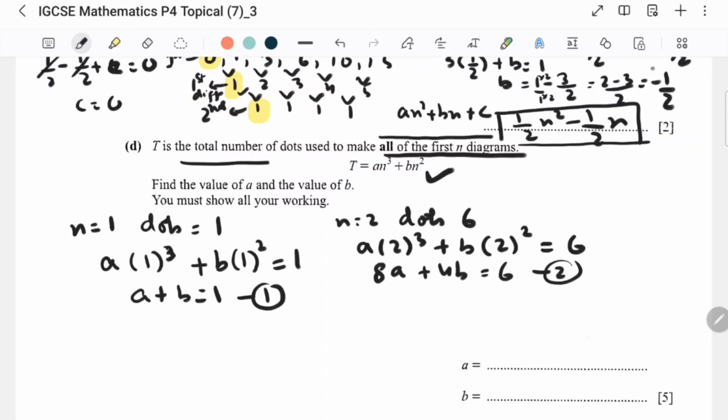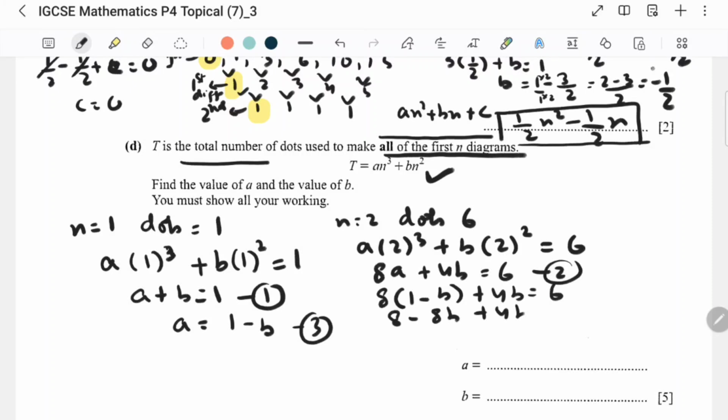For example, if I take a equals 1 minus b, I'm doing the substitution method here, you can do it by elimination too. Now I'm putting the third equation into the second: 8(1 minus b) plus 4b equals 6. 8 minus 8b plus 4b equals 6, so minus 4b equals 6 minus 8, which equals minus 2.